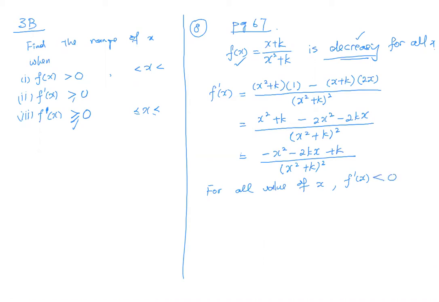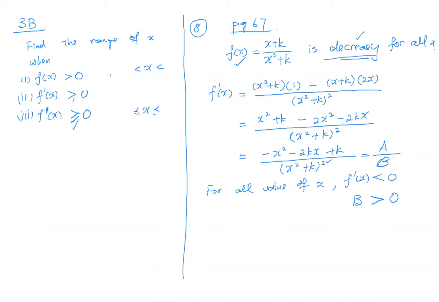Look, our f prime x is a fraction, a number divided by another number, correct? You look at the bottom here. It's a square, correct? So from here, can I say the bottom is definitely greater than 0? Yes, for all values of x.